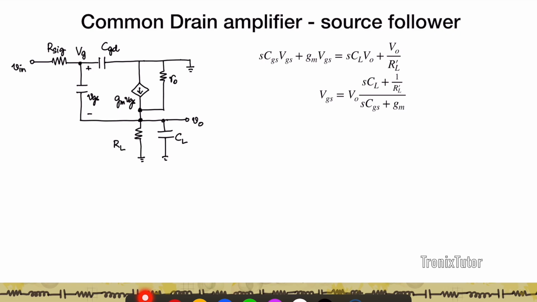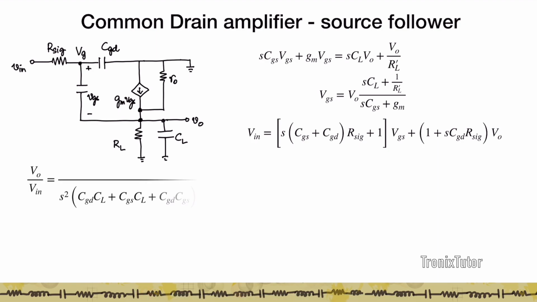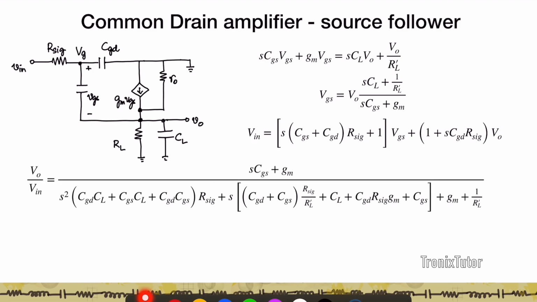VGS can therefore be written as V naught into sCL plus so by this. Substituting that back into the V in expression, you get an expression of V naught by V in as this expression here. So it's sCGS plus gm divided by a second order polynomial, right? And so what you see therefore is, if I collect the terms, I'm going to get gmRL by 1 plus gmRL.